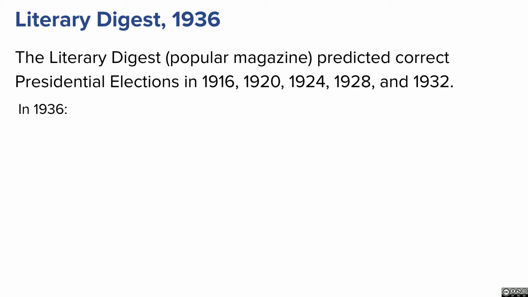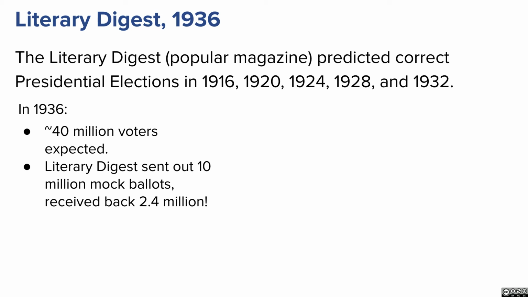In 1936, it was Landon versus Roosevelt, and they expected about 40 million people to show up to vote. So this magazine sent out 10 million mock ballots, and they got back 2.4 million of these ballots. Their prediction was that Landon would win by a landslide, 57% of the popular vote to 43% for Roosevelt.